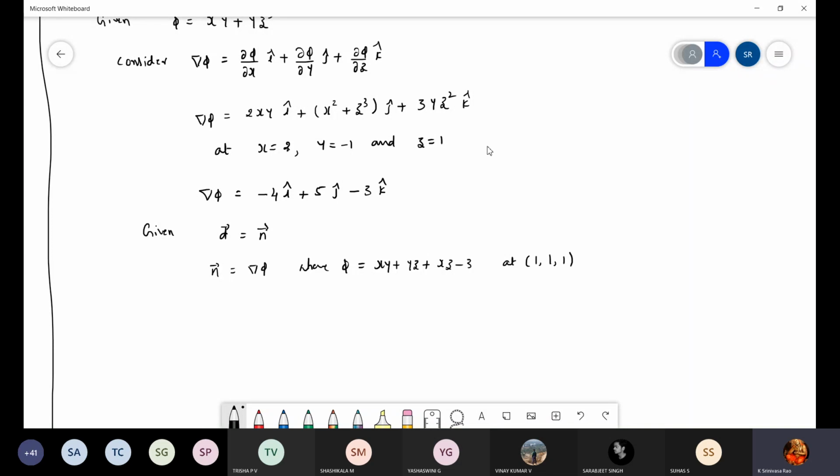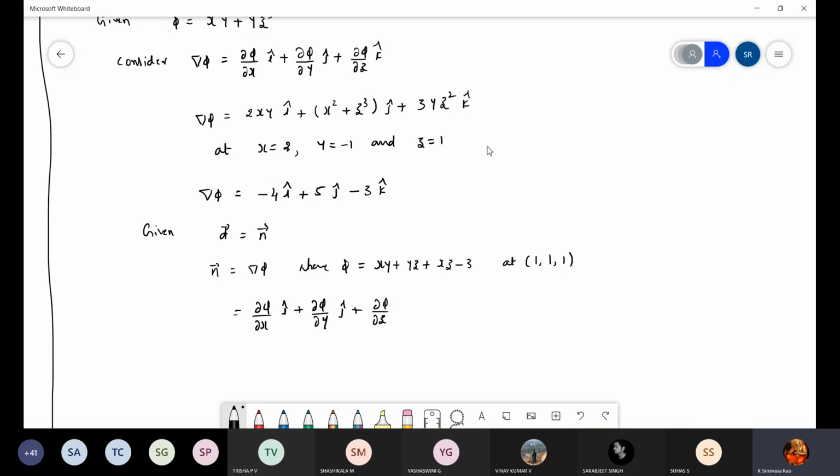Now substitute. So n is equal to grad phi, that is dou phi by dou x i cap plus dou phi by dou y j cap plus dou phi by dou z k cap. Don't be confused here. Grad phi for the first and grad phi for the second we are calculating. One is the gradient, the second one is a directional vector.